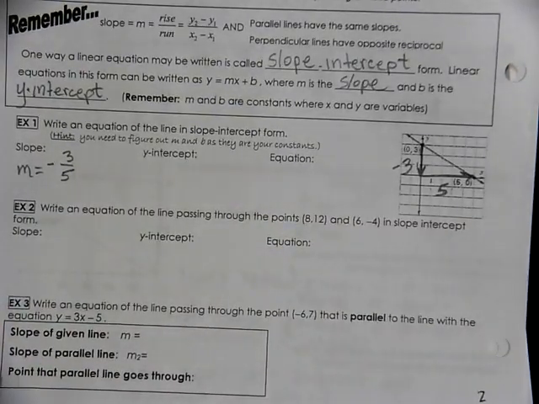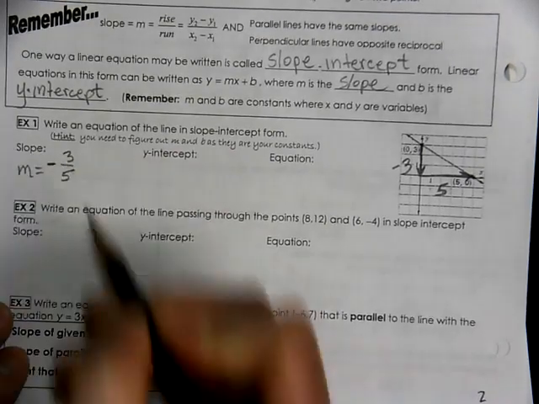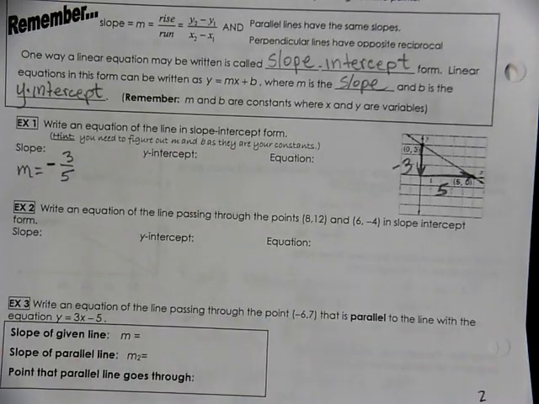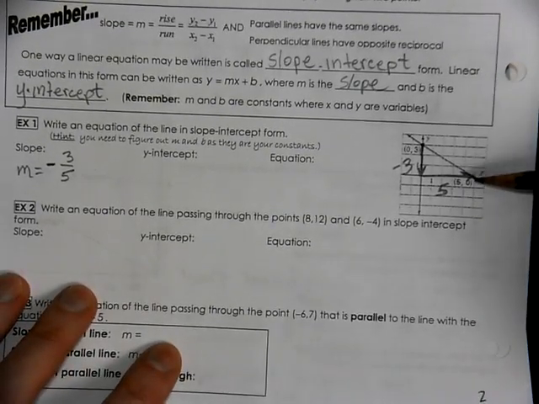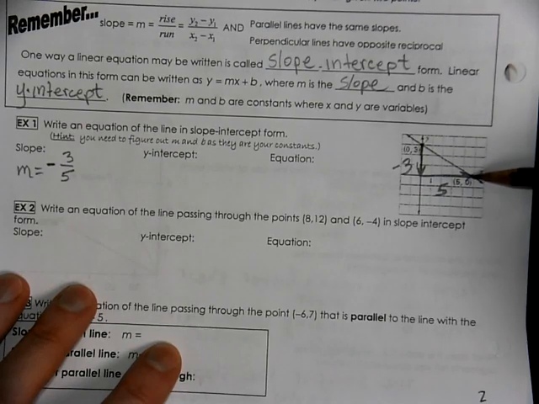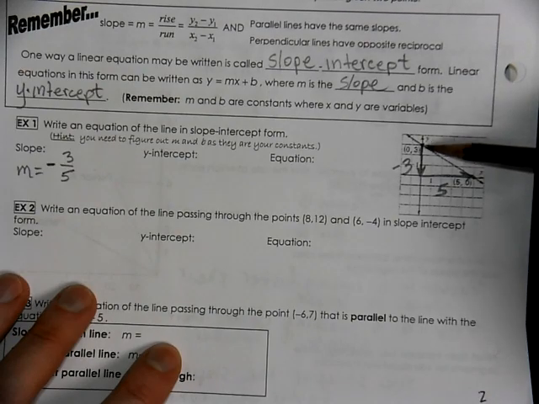Now, the way I wrote my 3 over 5, I put my negative in front of the fraction. Okay? In front of the fraction just implies that that negative can go on either one. So if we look at this from the other point of view, if we go from this point and go up 3, so a positive 3, but then we would be negative 5 moving over.